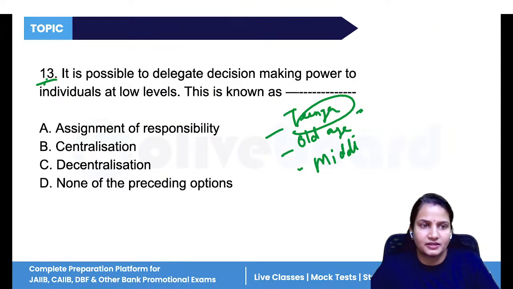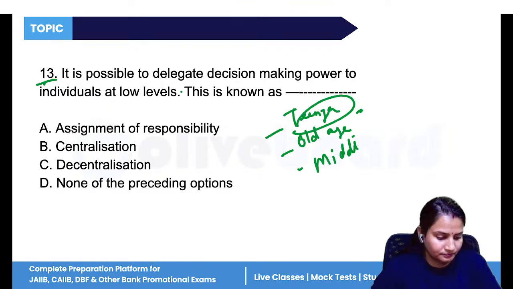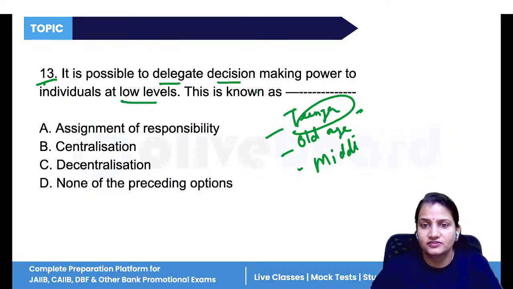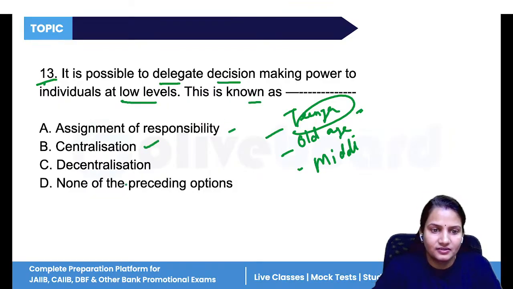Now, question number 13. It is possible to delegate decision-making power to individuals at low levels. This is known as what? Assignment of responsibility, centralization, decentralization, or none of the above.